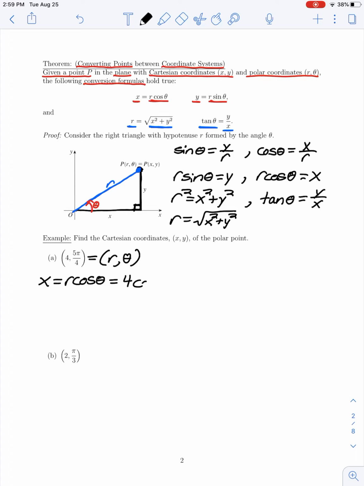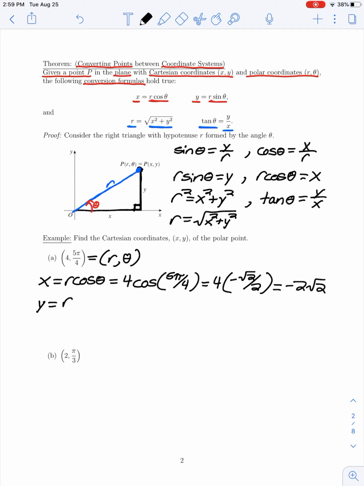So we have 4 times cosine of 5 pi over 4, which is negative square root 2 over 2. So multiplying by 4, we have negative 2 times the square root of 2.